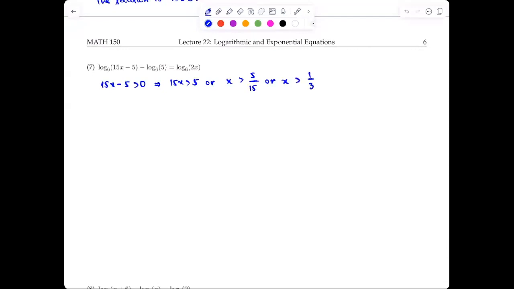Again, 5, you don't have to write it down. Right, 5 is always greater than 0. 2x greater than 0. So x is greater than 0. When you combine these two domains together, you have that x greater than 1/3 will be the domain of the equation.